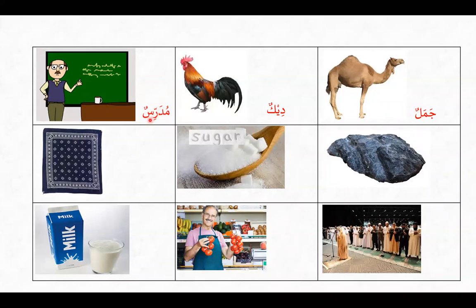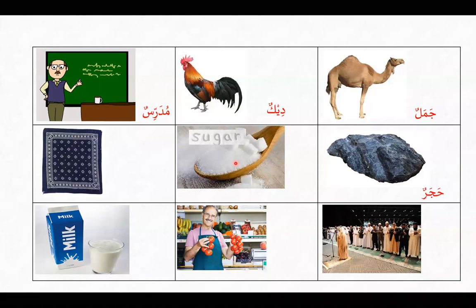Mudarris, a teacher. A stone. How do we call the black stone again? Al-Hajar al-Aswad. So therefore, we have here Hajarun. Hajarun is stone.